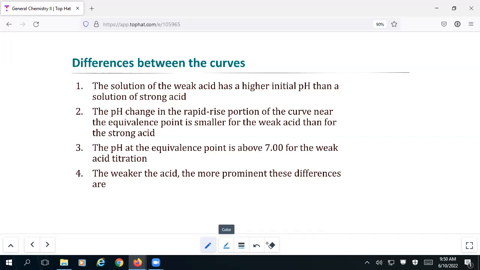So just to summarize the differences between those two main curves. Weak acid, higher starting pH than the strong. The pH change in that rapid rise zone, in that zone right around the equivalence point, is large for a strong acid, and smaller for a weak acid.